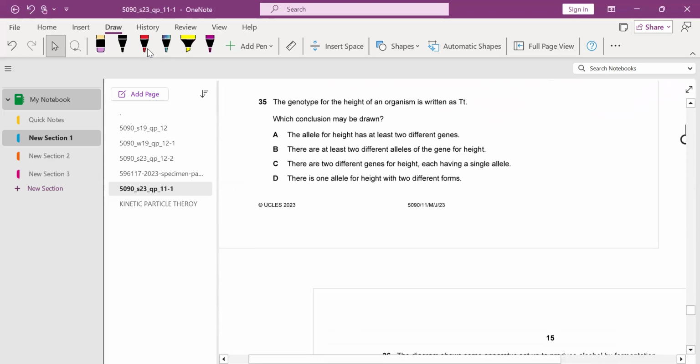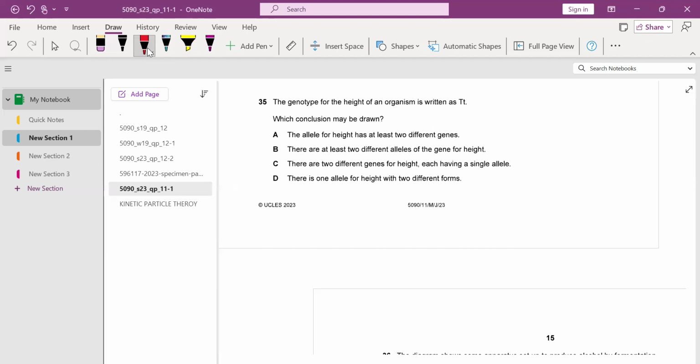Question number 35. The genotype of the height of an organism is written TT. Which conclusion may be drawn? The allele for the height has at least two different genes. No. Then there are at least two different alleles for the gene of the height.